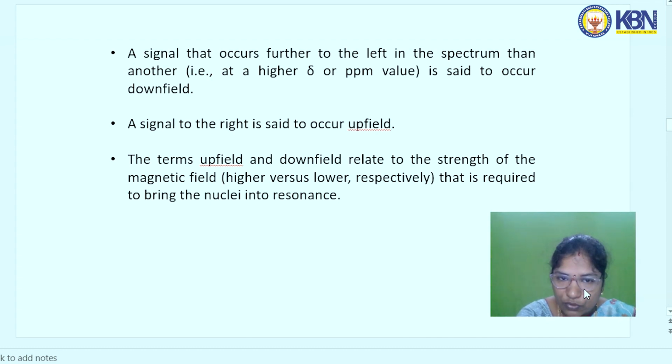The protons that move to the right side show upfield or low chemical shifts. The protons that move to the left side show downfield or high chemical shifts or high NMR values. Downfield shows high NMR values. Upfield shows low NMR values.